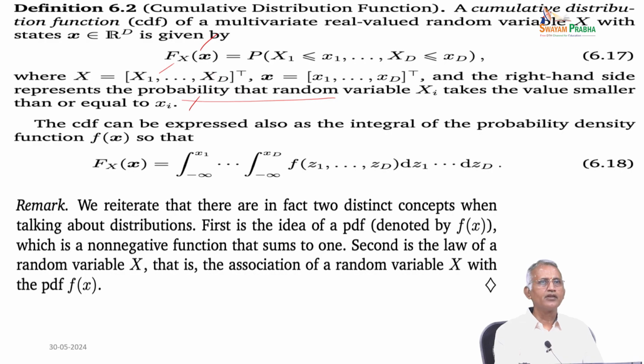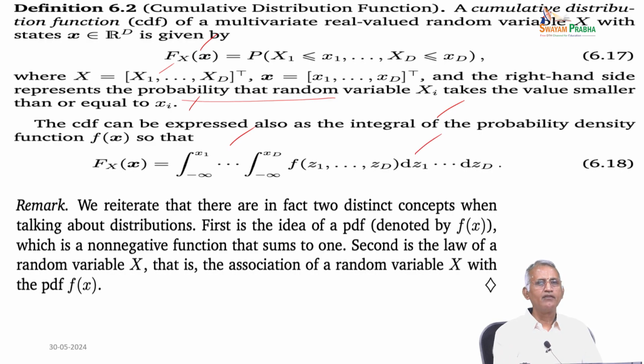The cumulative distribution function can be expressed as the integral of the probability density function: F of x equals the integral from minus infinity to x1, and so on, up to minus infinity to xd, of f of z1, z2, and so on up to zd, dz1 to dzd.